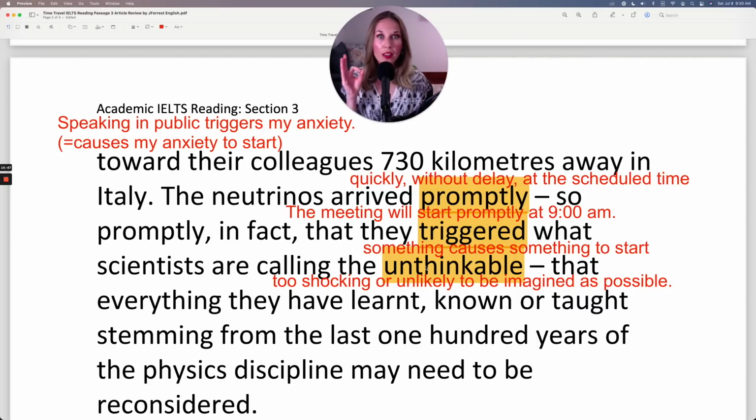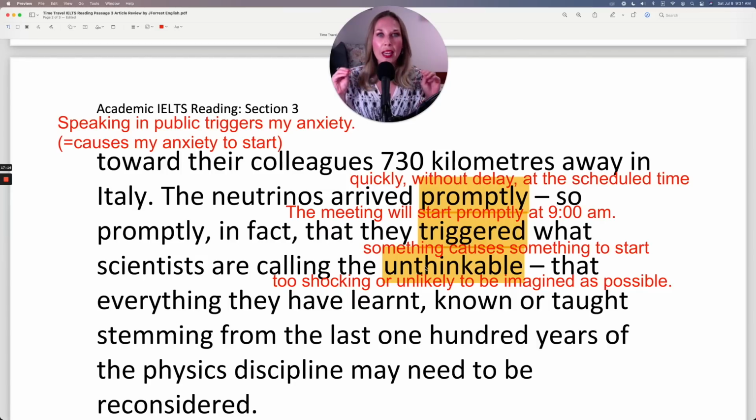Now, the unthinkable, this is when something is just so shocking or unlikely that it's difficult for you to imagine, difficult for you to actually form a picture. For example, a world without language would be unthinkable. Can you even contemplate what life would be like if nobody spoke any language?